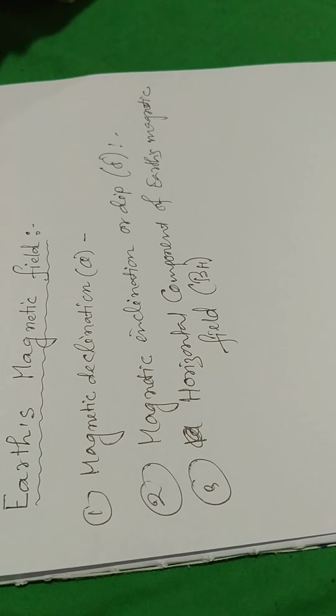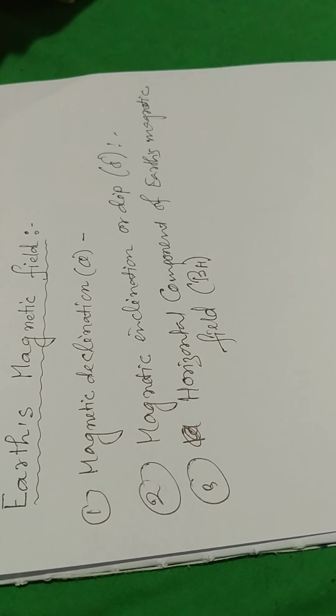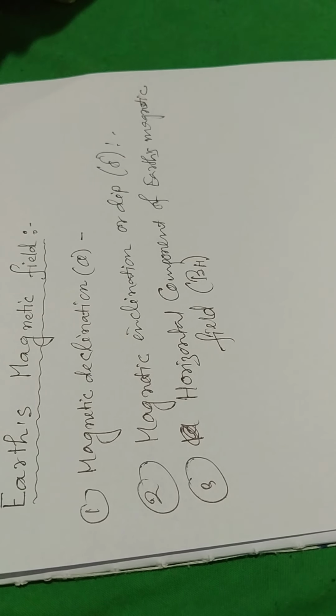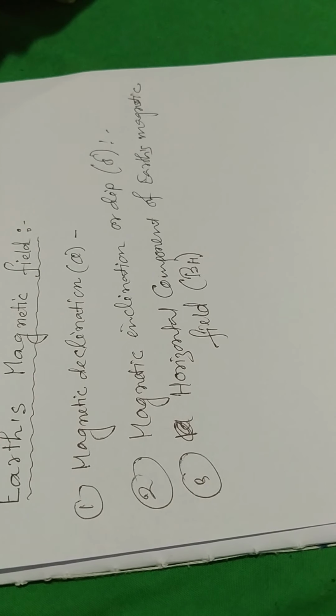The component of the total intensity of the magnetic field of the Earth in the horizontal direction in the magnetic meridian is called the horizontal component of the Earth's magnetic field.